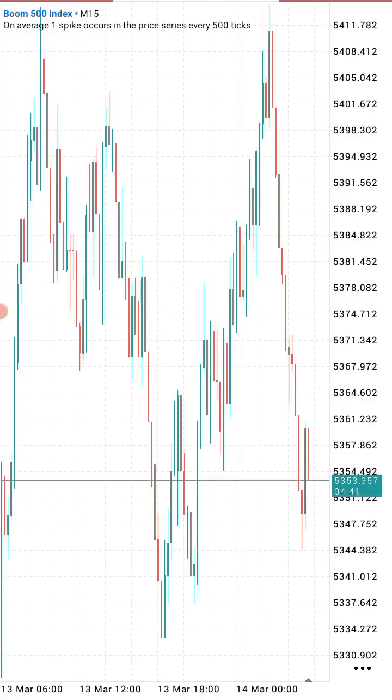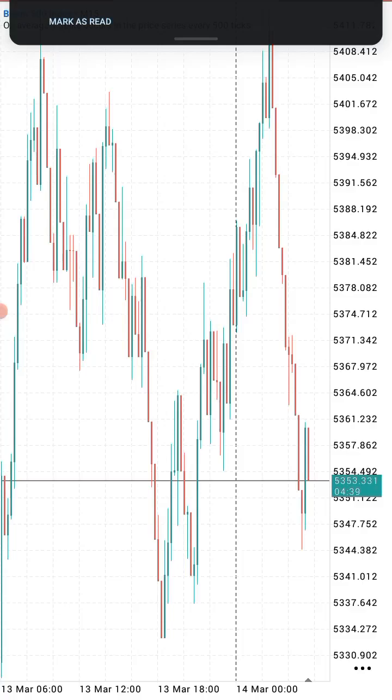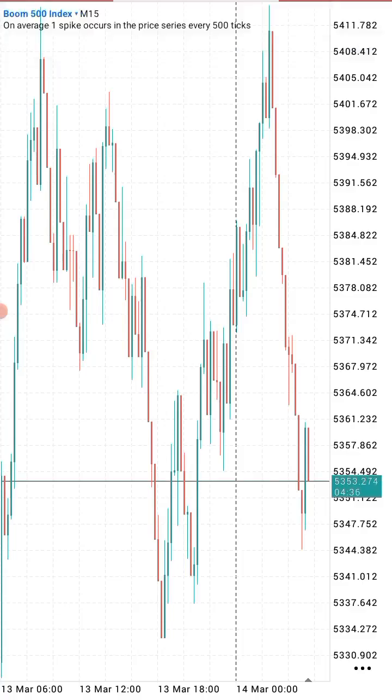Today, we are talking about one of the most powerful indicators in technical analysis, which is the Relative Strength Index, the RSI. The RSI is designed to help traders identify overbought and oversold market conditions.